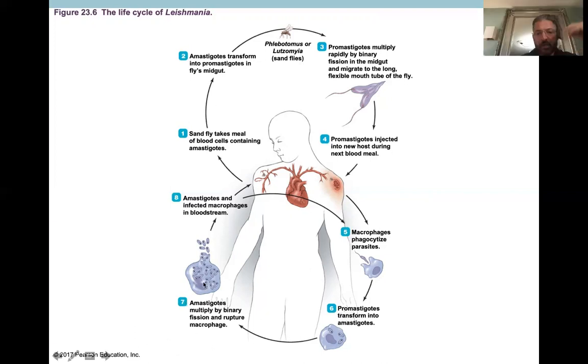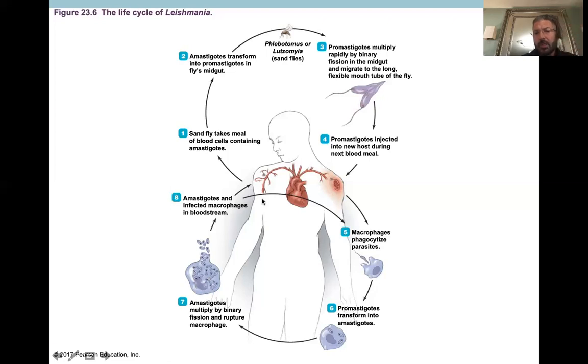Let's see here, right here, it's in the macrophages multiplying. So the macrophage engulfs it, tries to kill it, but it can't because this thing is huge. Even our enzymatic vacuoles and things can't get it. All right, so they start going through binary fission here. They produce so many, they burst, right?